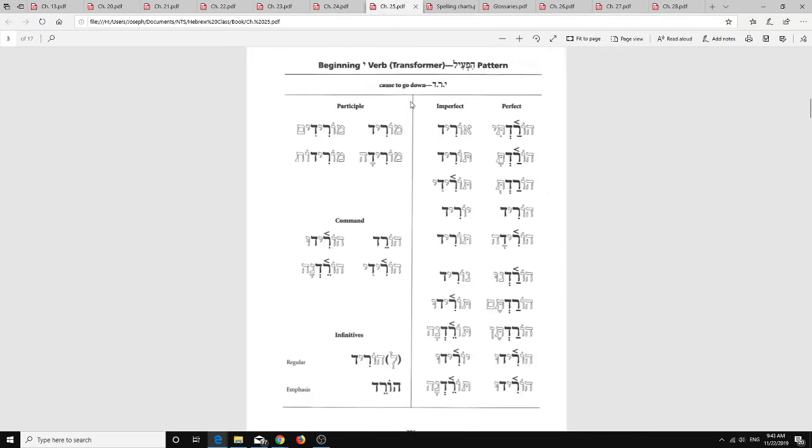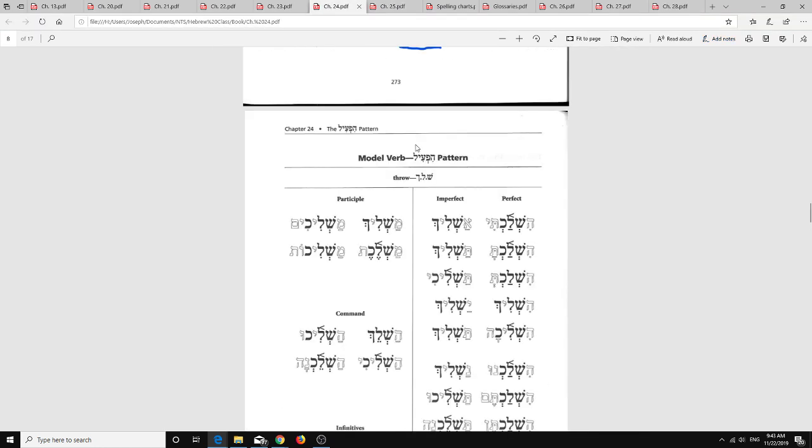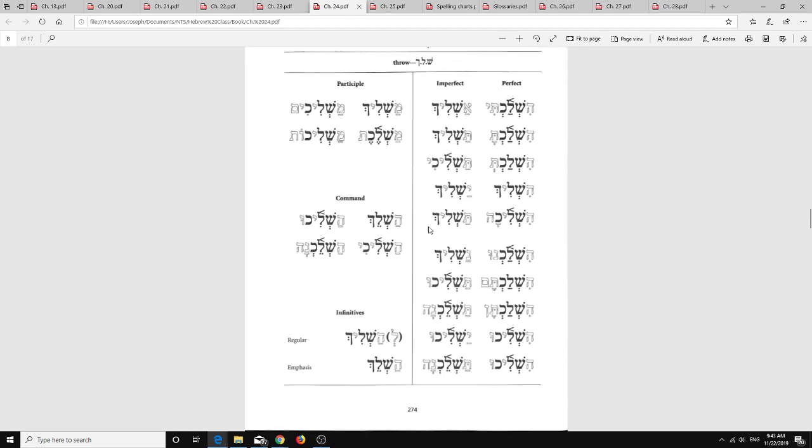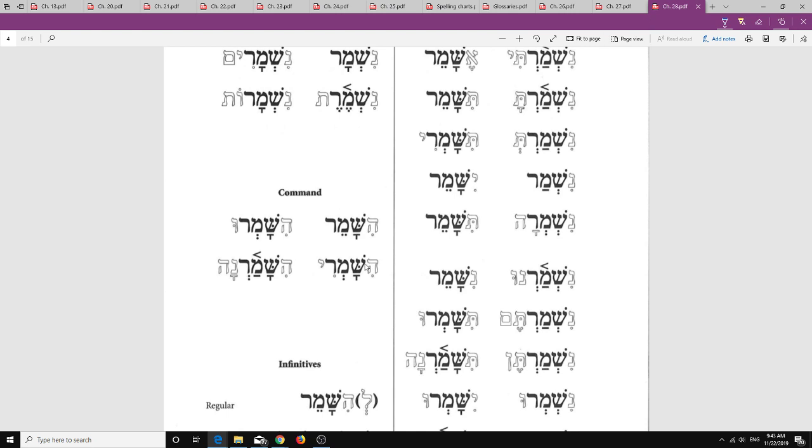Let's see if I can jump to, yeah, here's the hitpael. Maybe 24 will be better. Instead, hishlak would be an example. That's just two syllables, hishlak. And then in the niphal, it's heshamer, three syllables.